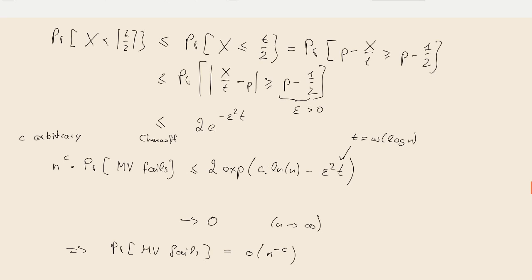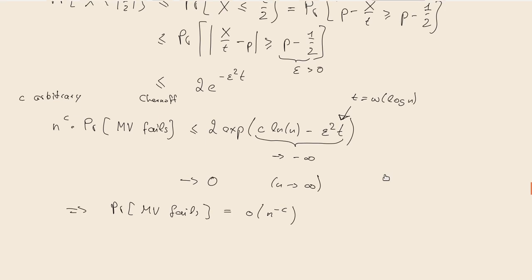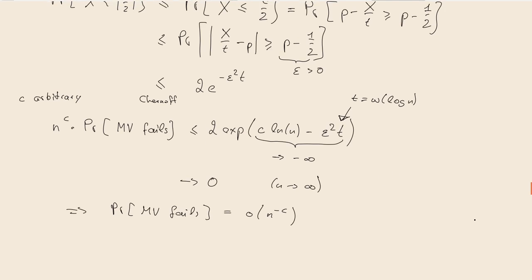And the constant c here actually doesn't matter. So if we make that assumption, that was what we had in the assumption of the theorem, then this goes to minus infinity, so the whole term goes to 0. Well, that is already the proof.